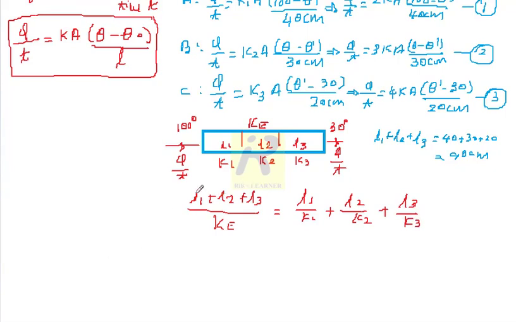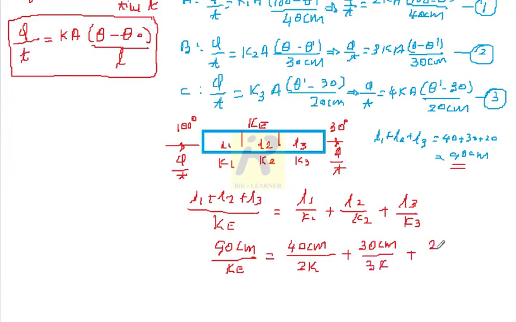That means the total length of the conductor, already written here, which is 90 centimeter, divided by Ke, equals L1, which is 40 centimeter, divided by K1, which is 2 times K, plus L2, 30 centimeter, divided by 3K, plus L3, which is 20 centimeter, divided by 4K.